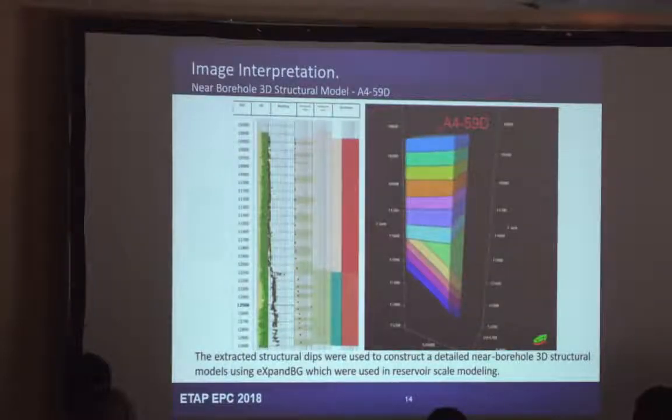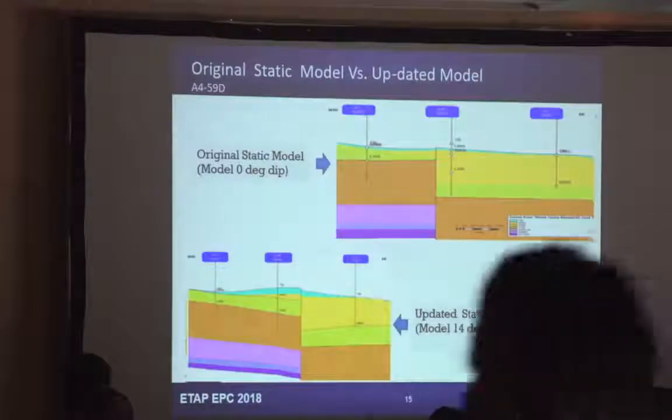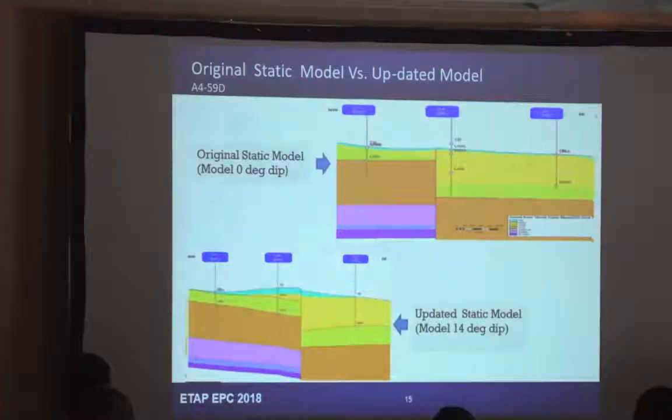Again, the expanded image for A459D is so clear that the bedding and formation below the BUK here is tilted towards northeast, and the degree of dipping here is about 13 degrees. And we update our model to show you the difference between the original one and the updated one.